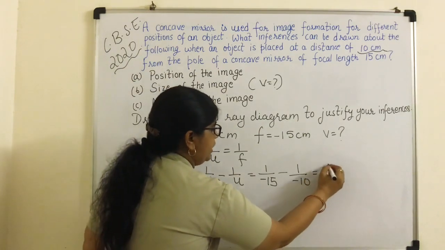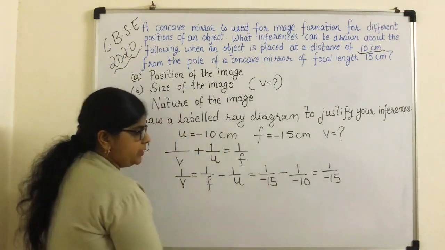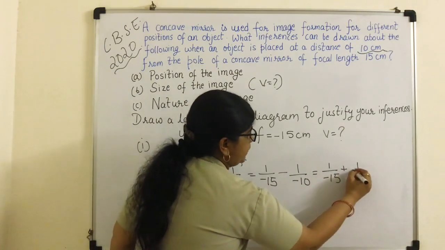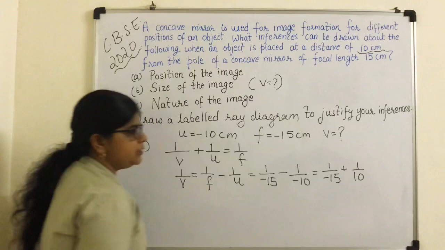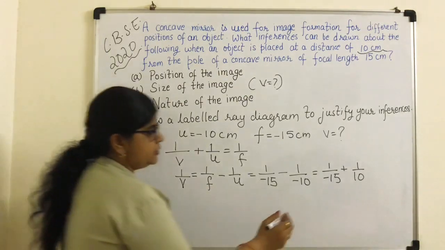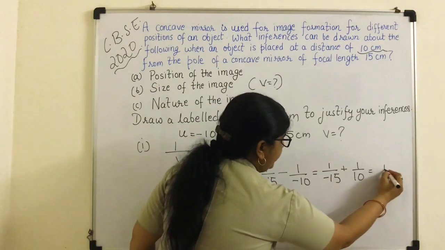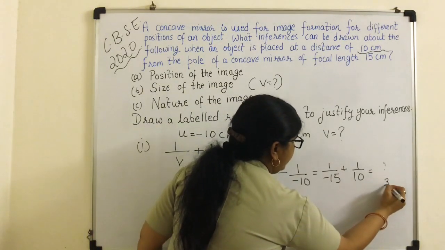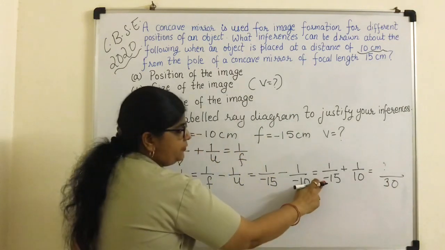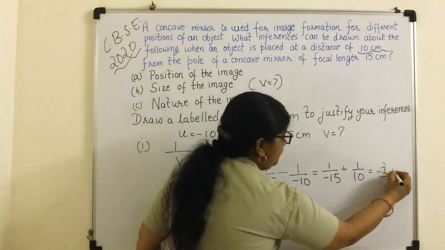This is 1 by minus 15, and this minus will give you plus 1 by 10. How can you solve this? You have to take the LCM. What is the LCM of 15 and 10? It will be 30, and what you will get, 15 twos are 30, so this will be minus 2, right? 10 threes are 30, plus 3.